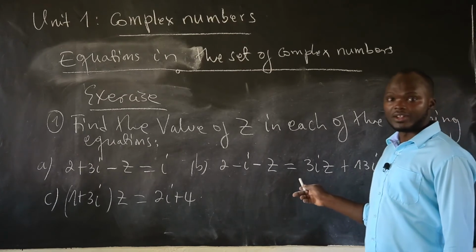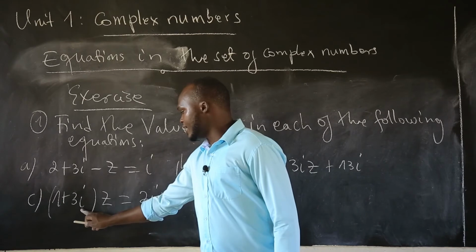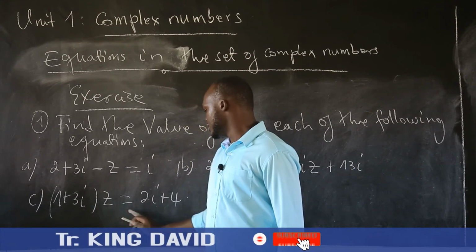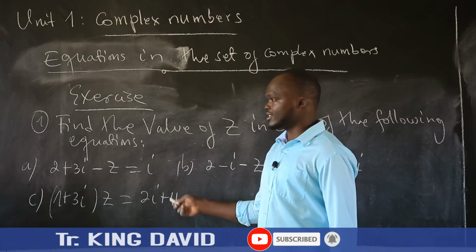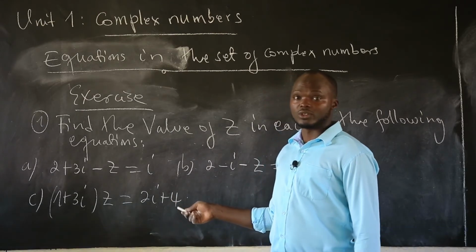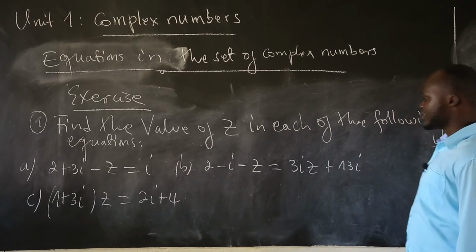So also find the value of z. C, (1 plus 3i) z equal to 2i plus 4. So after doing this exercise, we have to go to quadratic equations. Okay, let us go to quadratic equations.